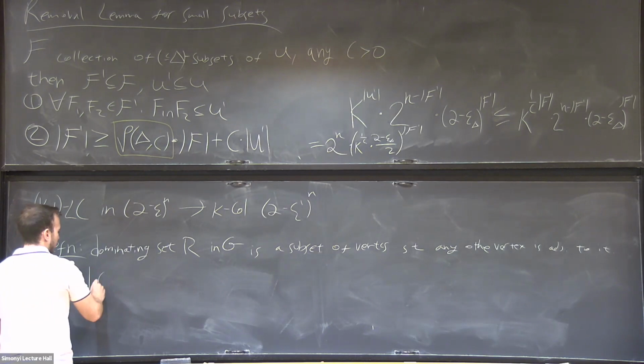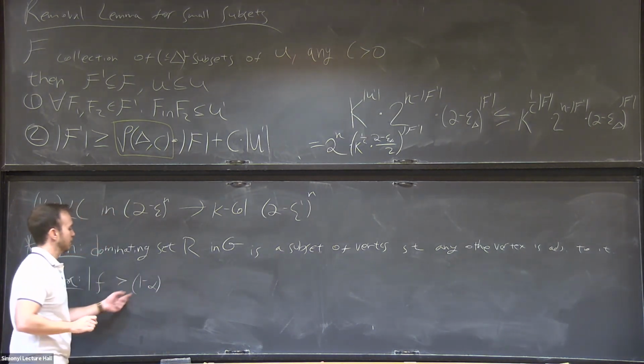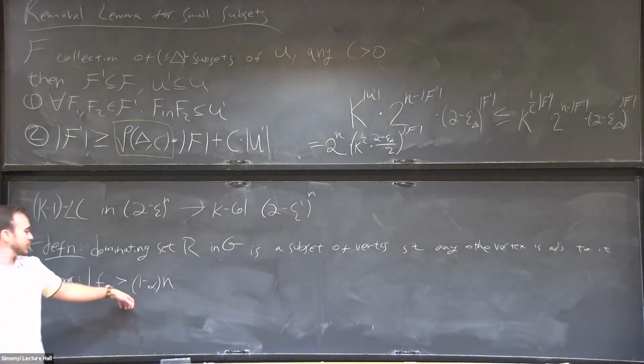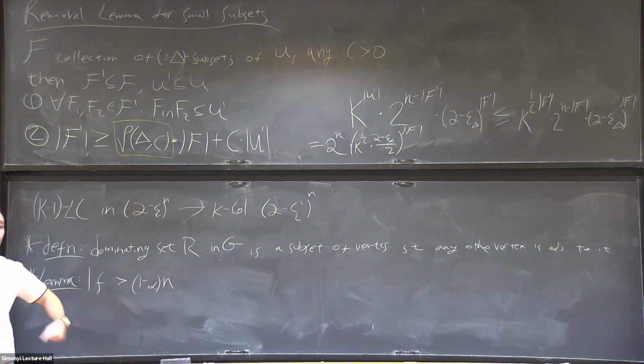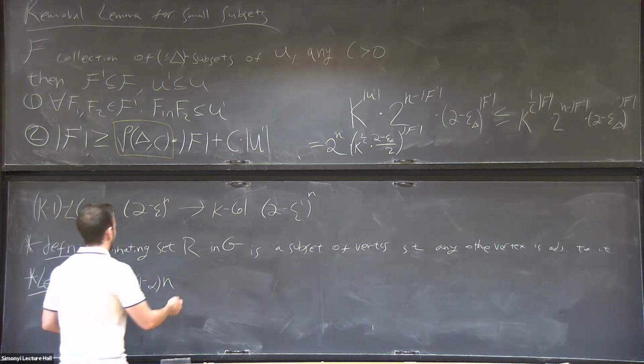So if most of the vertices in my graph, if at least a 1 minus alpha fraction of the vertices in my graph, and think of alpha as a very small constant, are of high degrees. This is the complement of what we can already solve.